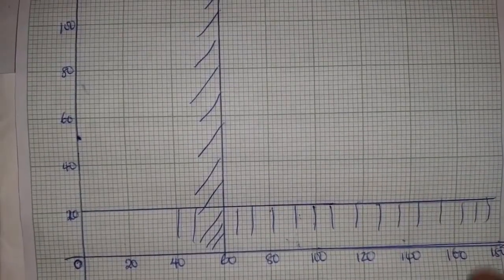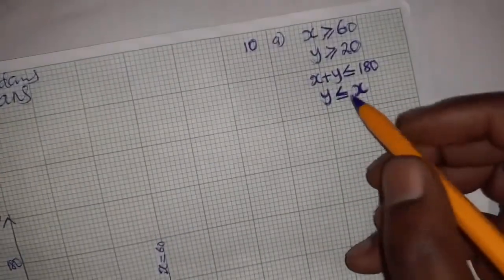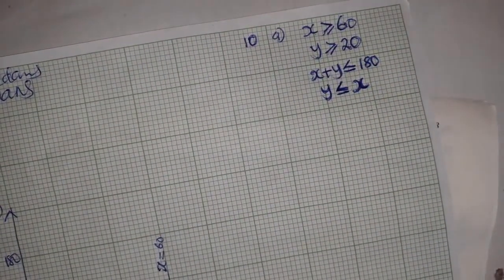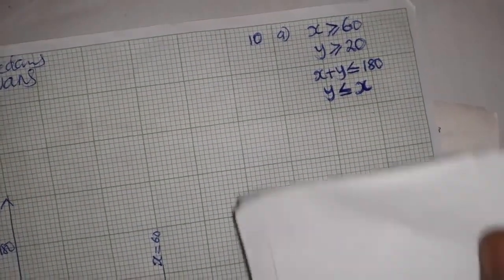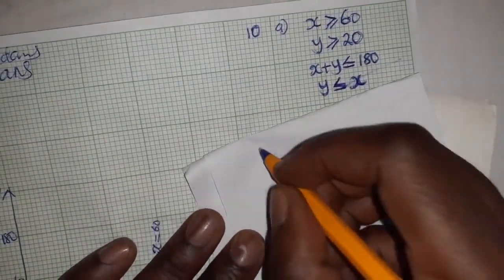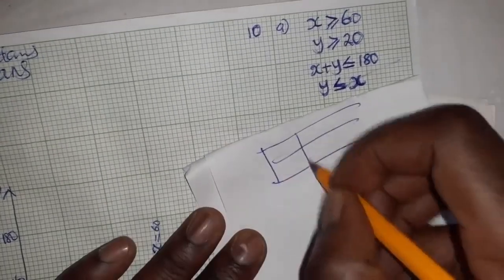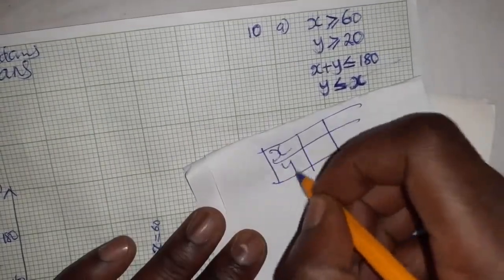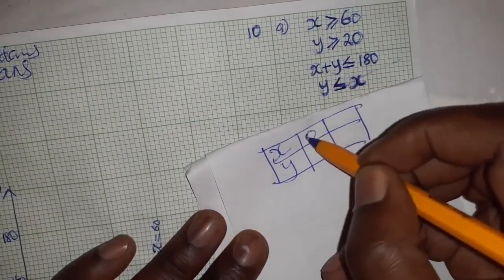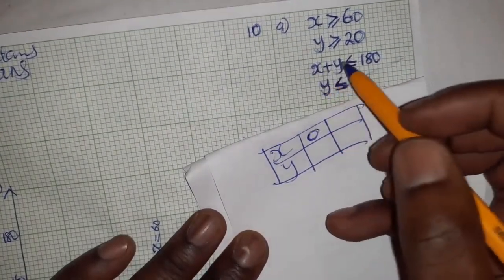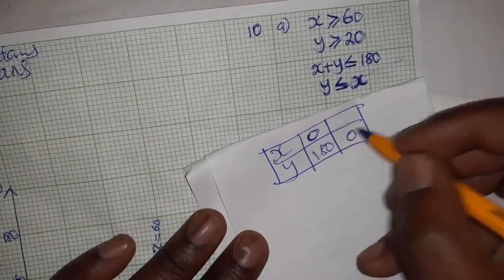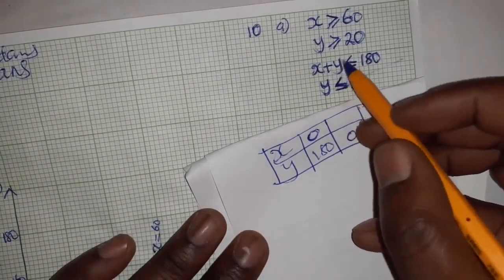Then for this one, you need to come up with a simple table of coordinates. You can say x and y. If you put 0 for x, what is y going to be? Y will be 180. What if you put 0 for y?